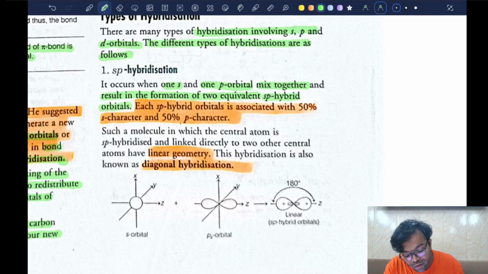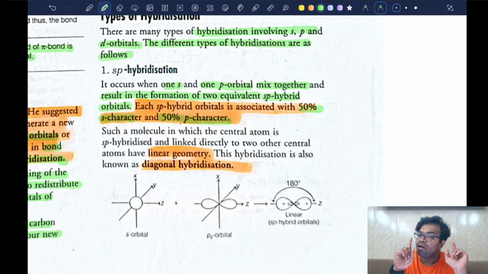Each sp hybrid orbital is associated with 50% s character and 50% p character. Think about this: you have one s and one p, and both of them come together to form the sp hybridization.